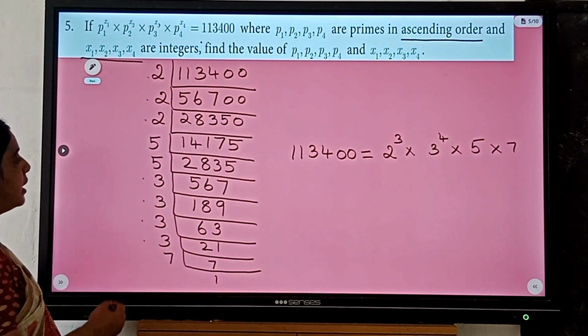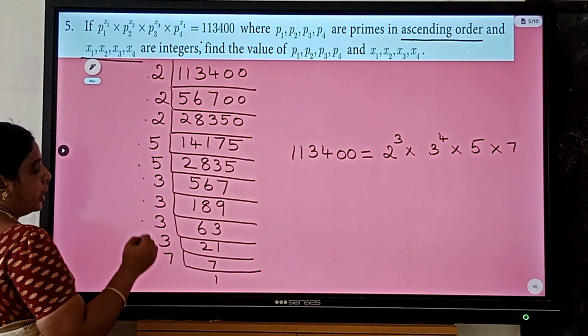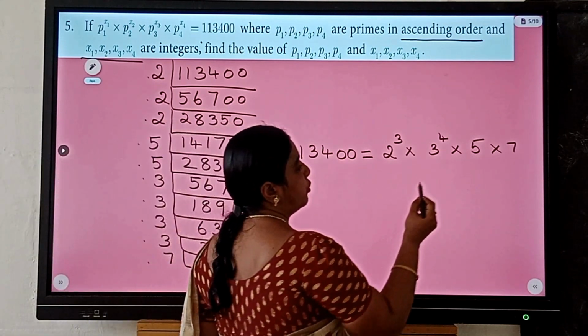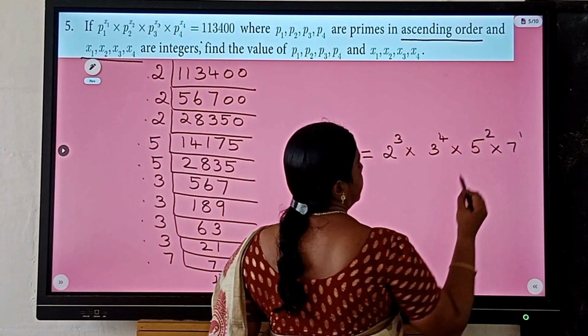How many 5's are there? 1, 2 and 1, 7. So there are 2 5's and 1 7.